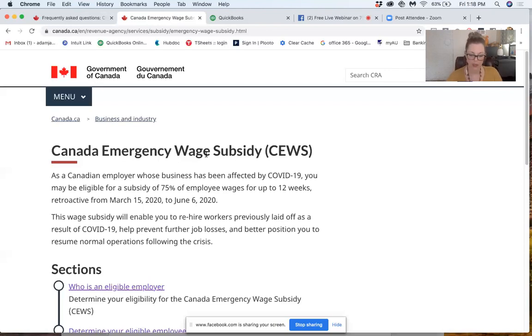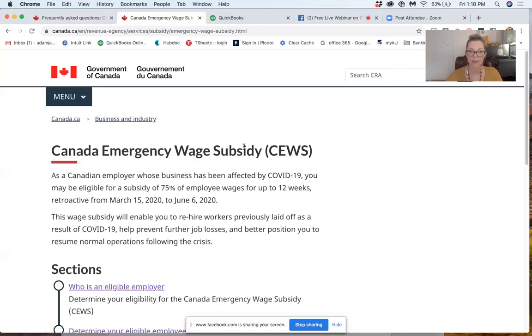So the first thing that I wanted to show you then is where to get the spreadsheet. CRA has created a spreadsheet that we can use, which is fantastic. There are other spreadsheets out there, and other accounting firms or other people are creating their own spreadsheets, and that's great.